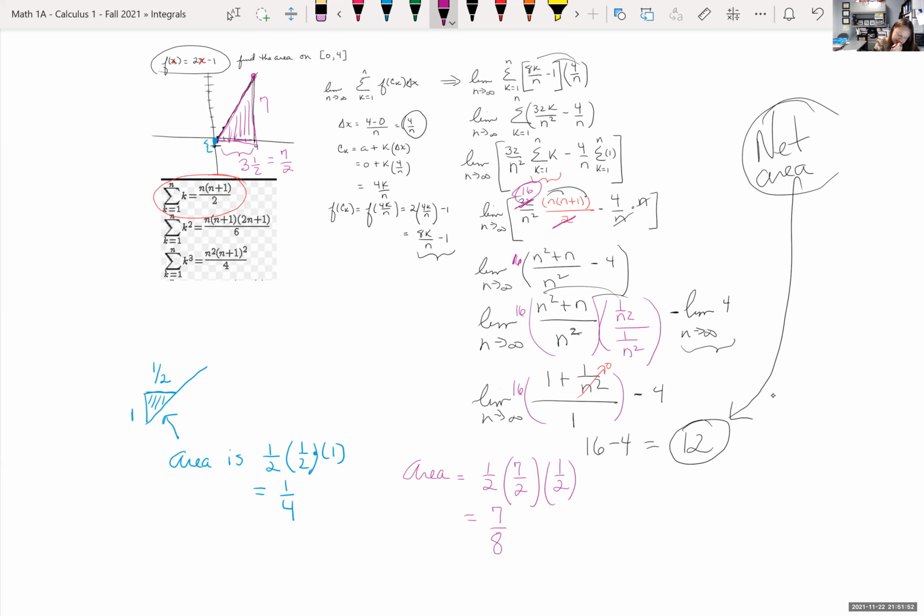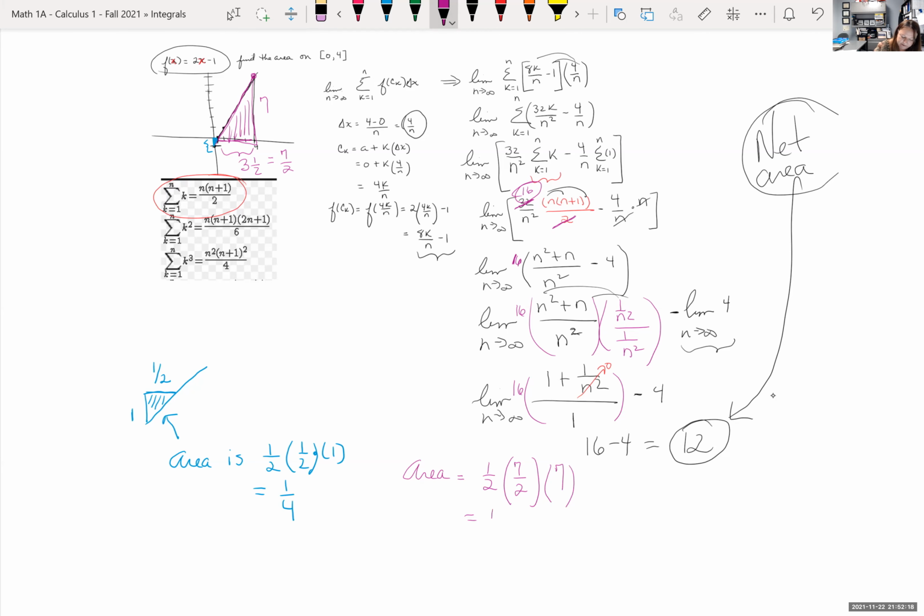I should be getting the same exact thing. Oh, I know why. What was my height? My height was 7, not 1/2. So this is 49/4, actually.